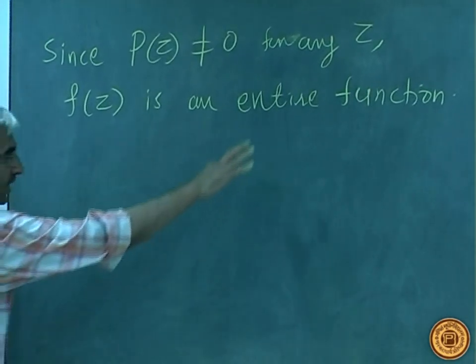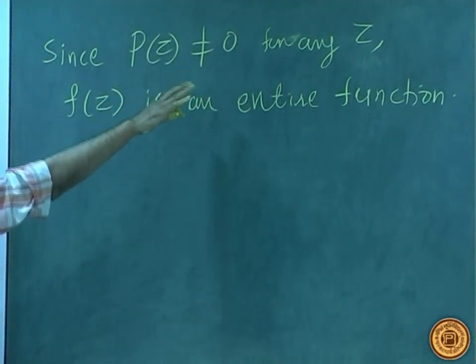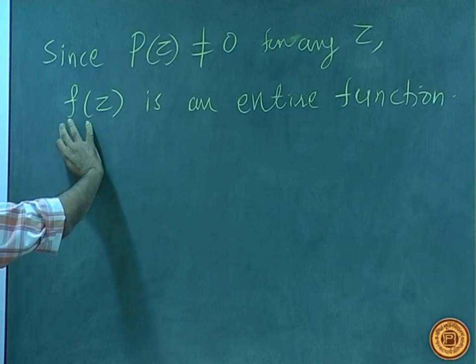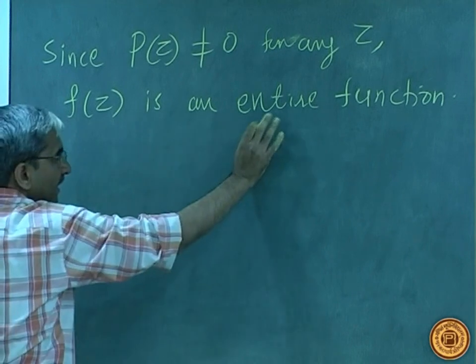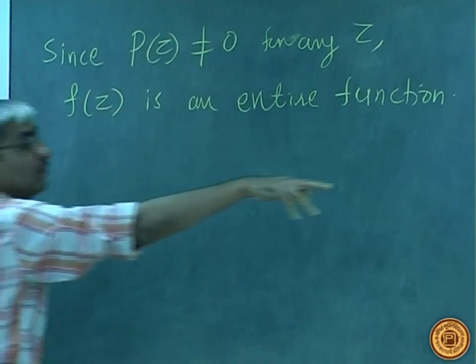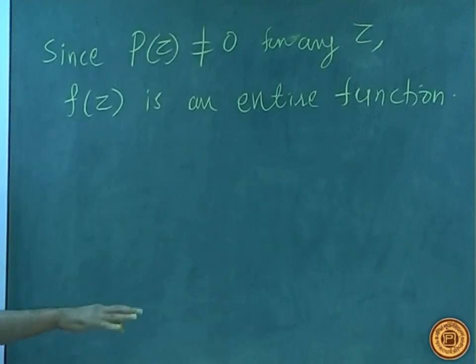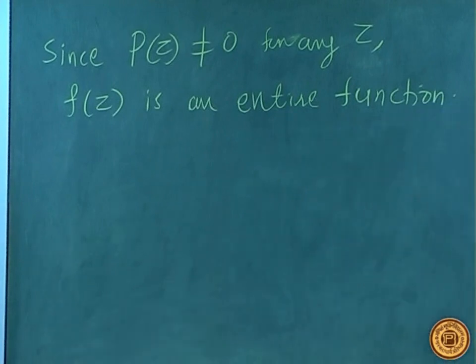Now, if we want to apply Liouville's theorem, then if we show that f(z) is bounded, then it will be bounded and entire, and then by Liouville's theorem it will be constant. But we know that P is a polynomial of degree bigger than or equal to 1, so it is not a constant function. So we will arrive at a contradiction then.